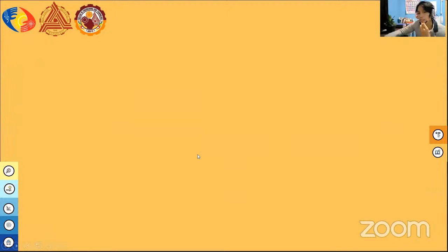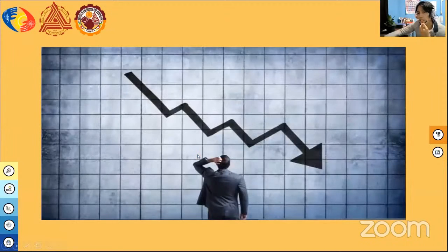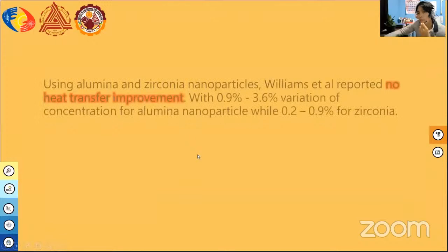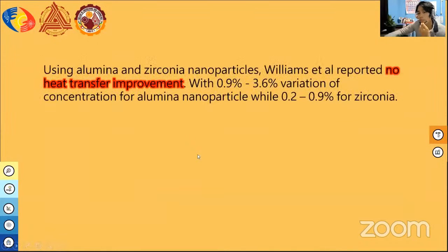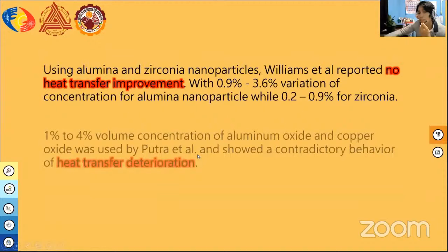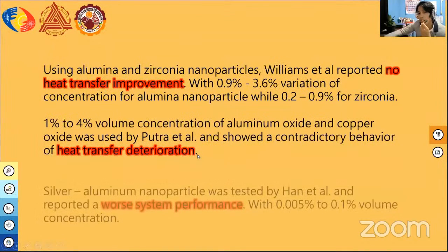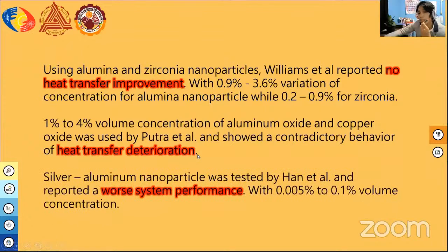Nonetheless, there are studies where the heat transfer efficiency decreases or there is no significant improvement observed with a supplement of nanoparticles to the base fluid. A study by Williams et al. revealed no heat transfer improvement. A different setup reported seemingly contradictory behavior of heat transfer deterioration. Another study reported that a grooved heat pipe system with nanofluids led to worse system performance.